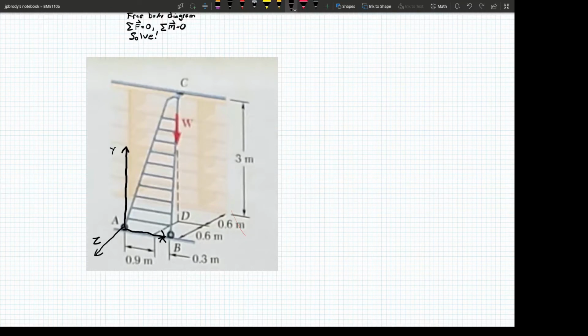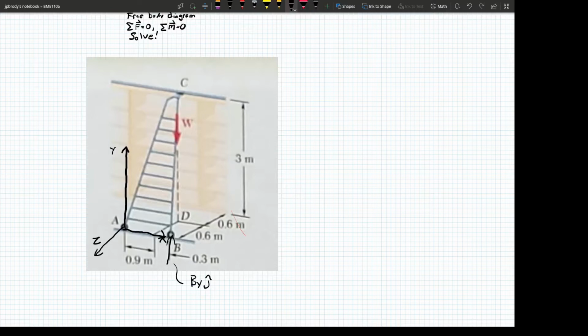Now what I need to do is draw the free body diagram. At A and B, we had flanged wheels. What that meant was that it could support two forces in two different directions. One would be along the Z direction, and the second would be perpendicular to the surface, so along the Y direction. Right here I've got two forces at B. One is heading up. I'll call that B sub y, in the j hat direction.